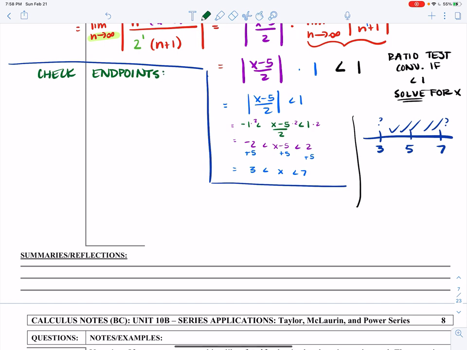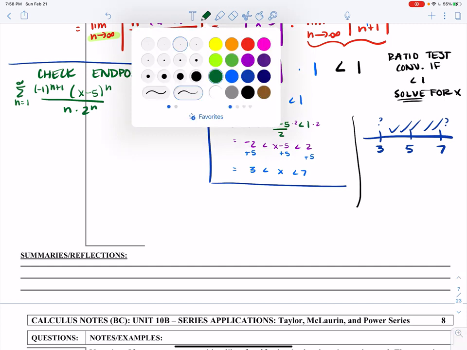Our original series was the sum from n equals 1 to infinity of -1 to the n plus 1, x minus 5 to the n over n times 2 to the n. And our endpoints are 3 and 7. So what we're going to do is plug in 3 and plug in 7 and see what happens, and we're going to use our series tests.